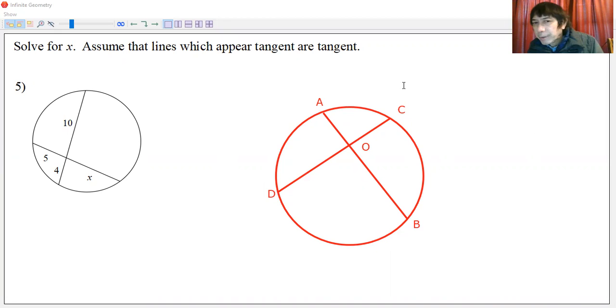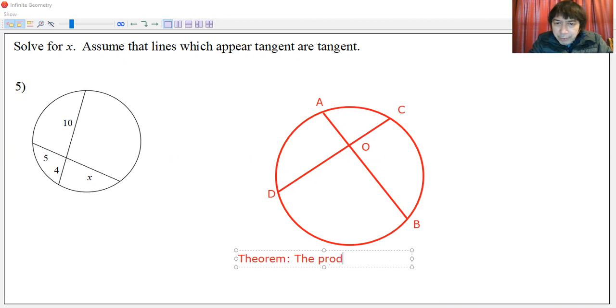The theorem here is, the product of the segments of a chord is equal to the product of the segments of the other chord. So if we're going to write the theorem for this type of intersecting chords of a circle, it is something like this.